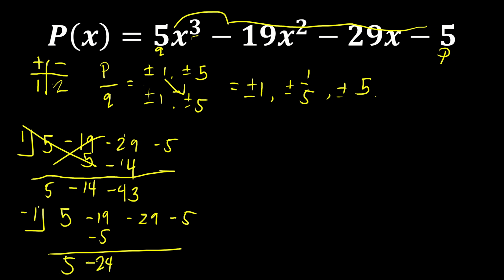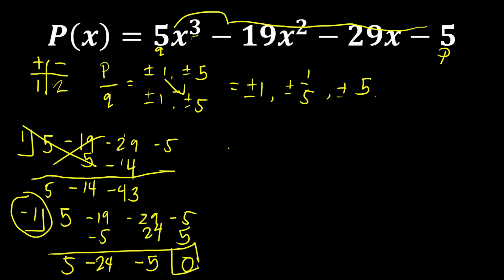Negative 24 times negative 1, both are negative. So, pag pinag-times, positive 24. Negative 29 plus 24 is negative 5. Negative 5 times negative 1. Negative times negative, positive 5. Negative 5 plus 5, 0. And since nag-0 tayo sa dulo, that means negative 1 is one of the correct answers. Maliwanag po.